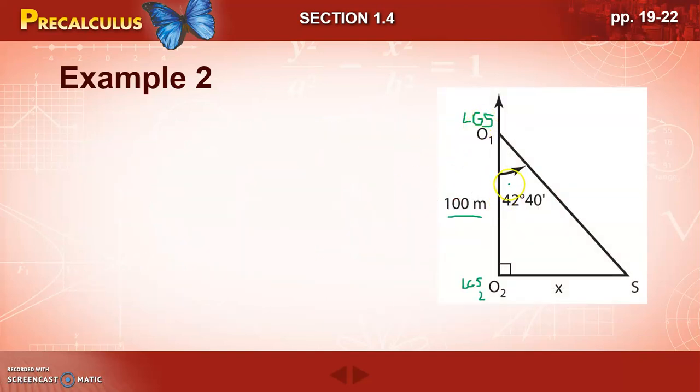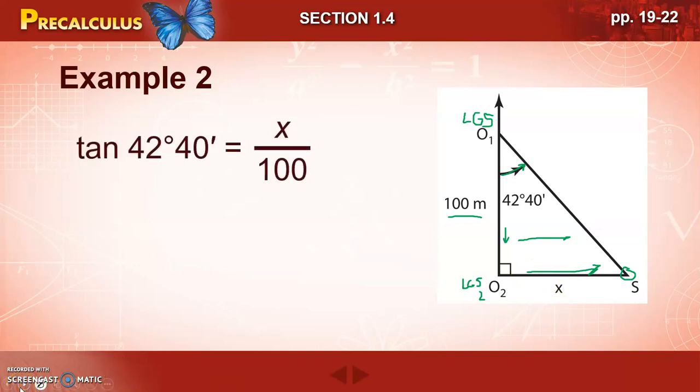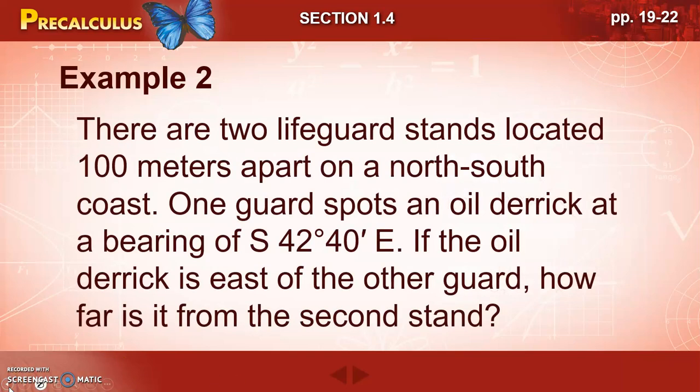So this guy up here, at his bearing, he notices south and east, 42 degrees 40, an oil derrick. And it tells us that it's directly east of the second lifeguard stand. Our question is, if it's east of the other guard, how far is it from the second stand?